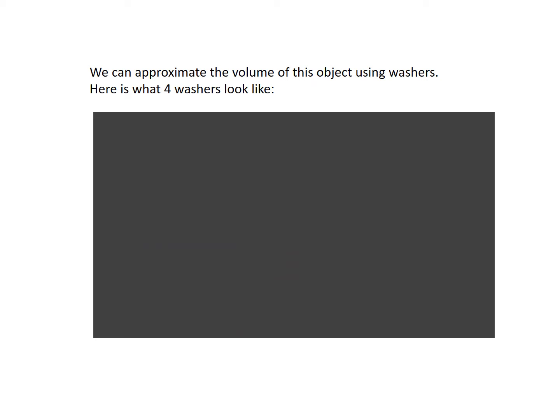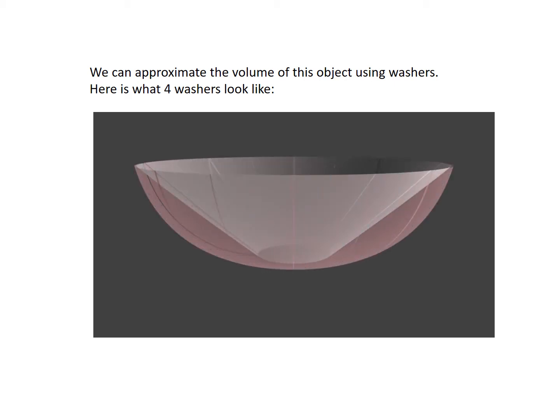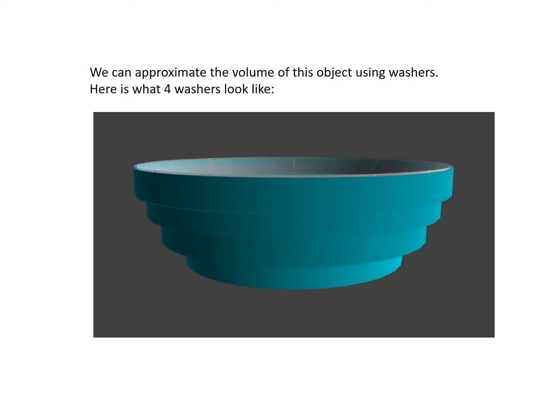And we can approximate the volume of this solid using washers. So here's what it looks like for 4 washers. And of course, to get a better approximation to the volume, we use more washers.